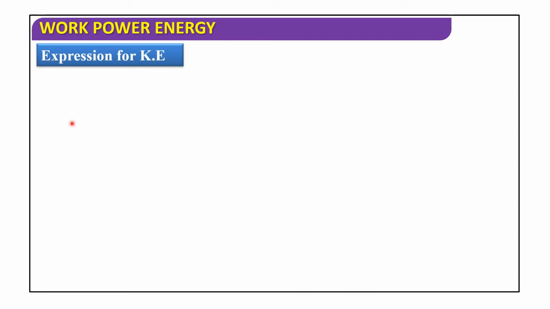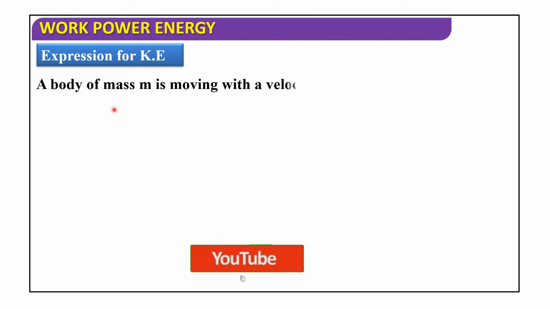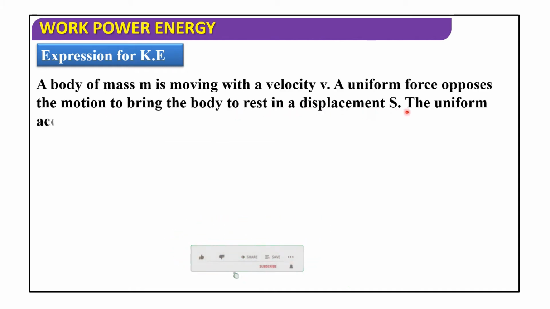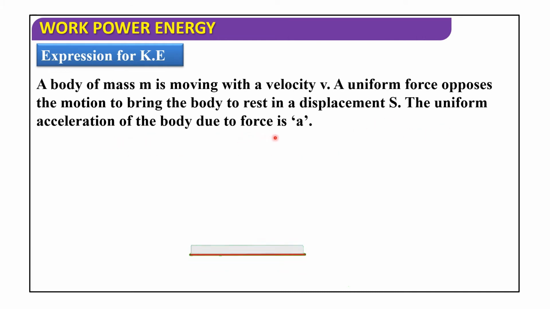Now we will discuss the expression for kinetic energy. A body of mass m is moving with a velocity v. A uniform force opposes the motion to bring the body to rest in a displacement s. The uniform acceleration of the body due to the force is a. Here mass m, velocity v, displacement s and acceleration a.